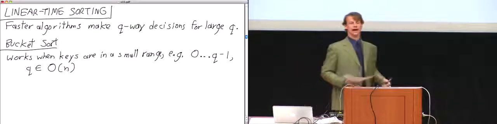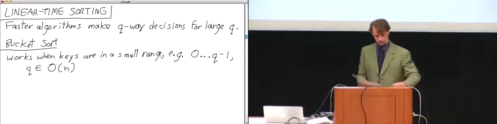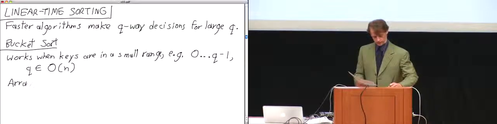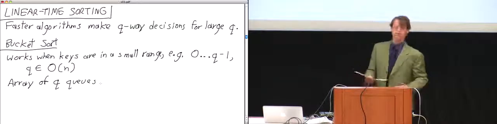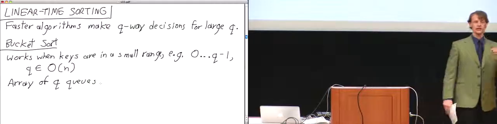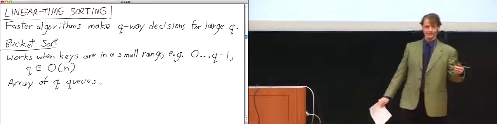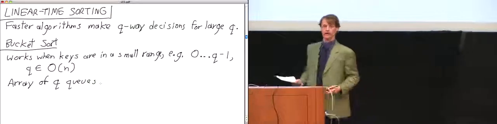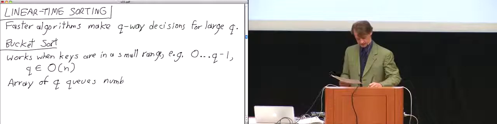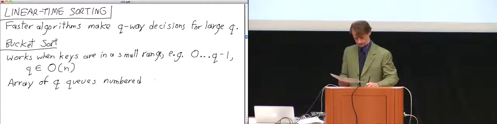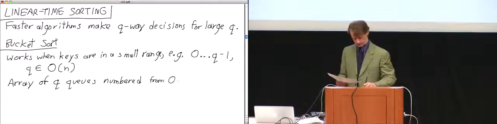So how are we going to do that fast? We're going to do it with an array of queues. We are going to allocate an array of q queues, which means that there is a separate queue for every possible key, every possible number that might come up while we're sorting. Those queues will be numbered from 0 up to q minus 1, matching the keys.